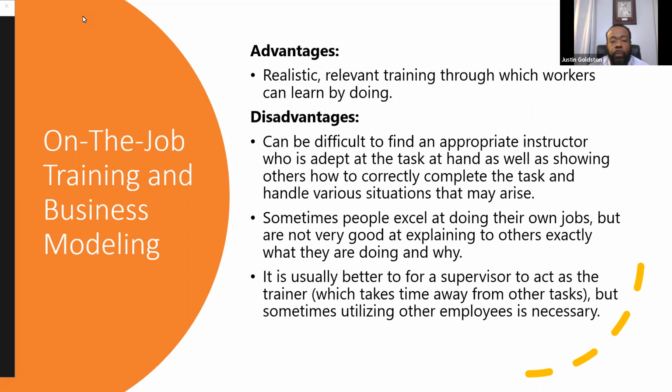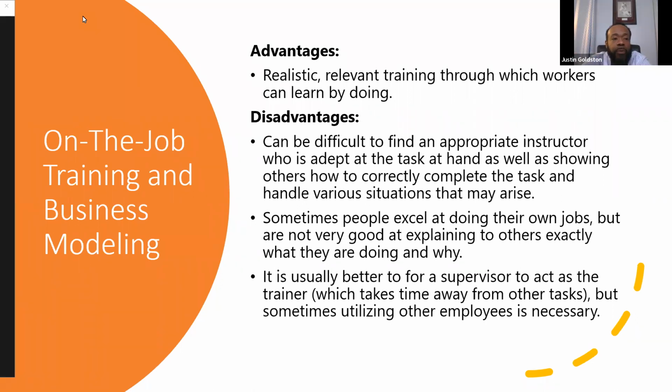Now, within the on the job training, sometimes it is difficult to find people that are available in certain industries. Sometimes those people are so good that they may not have time to train other people. For example, in the technology space, you have programmers that have a certain mindset.